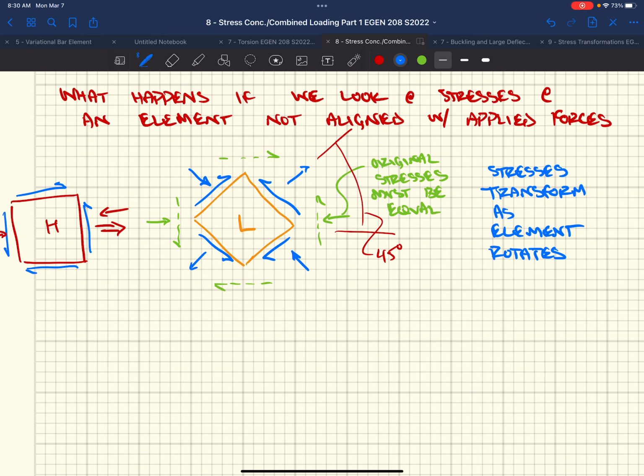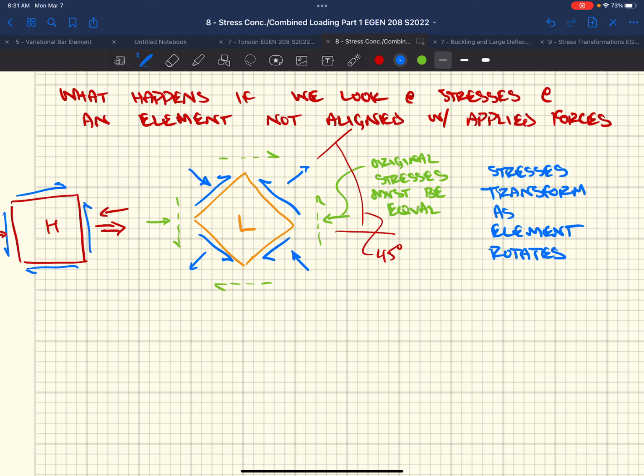But that doesn't necessarily mean that these are the worst case stresses, right? And as engineers, we need to look at the worst case demands on our materials. And so when we start rotating an element and changing the stresses on our faces, there could be a possible combination. Maybe at this orientation we might not find the worst case stresses, but if we rotated this element 33 degrees or 45 degrees, we might create normal stresses that are greater than what the material can handle. But if we analyze it here and stopped here, we might say that material is just fine, okay?